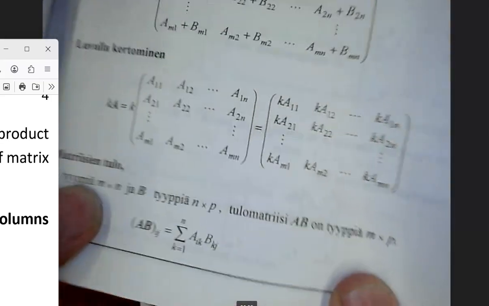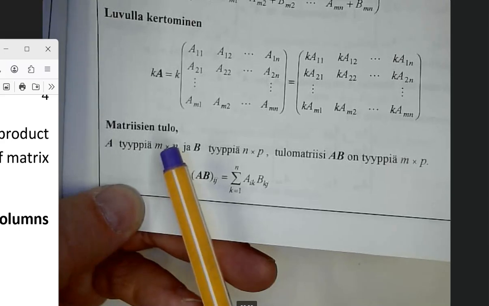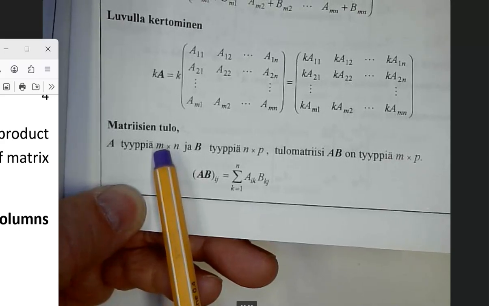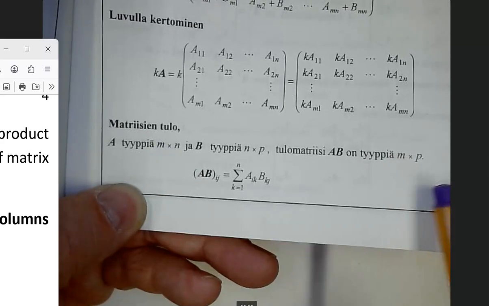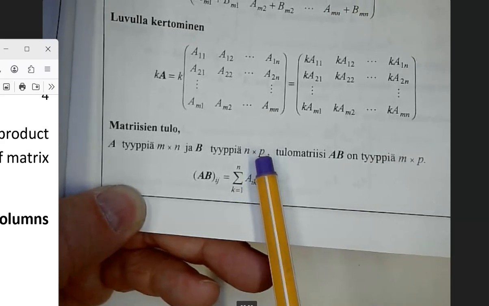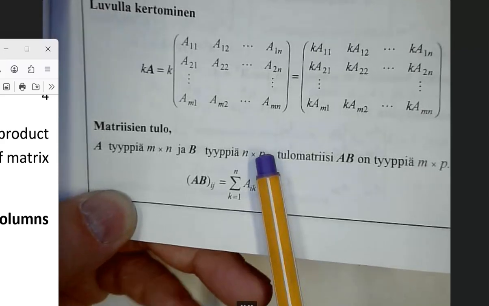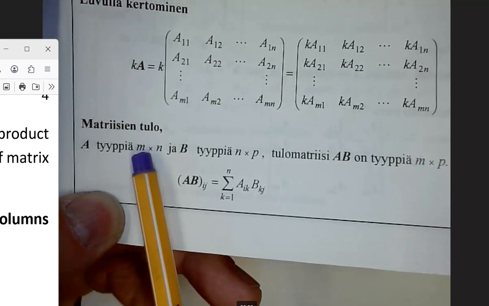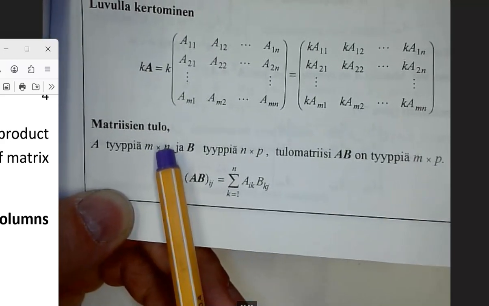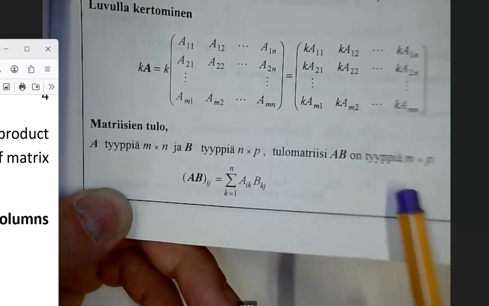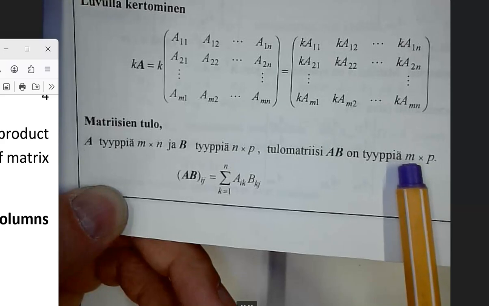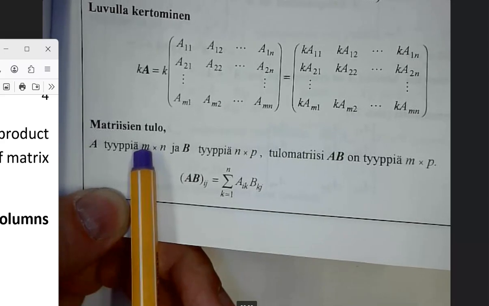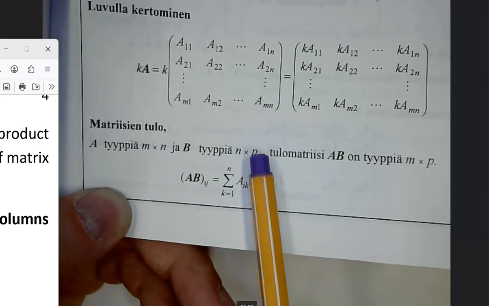If we check that, M tells that the A matrix has m rows, and b tells that the B matrix has b columns. The first number always tells the number of rows, and the second one always tells the number of columns. So the row number comes from A, and the column number comes from B.